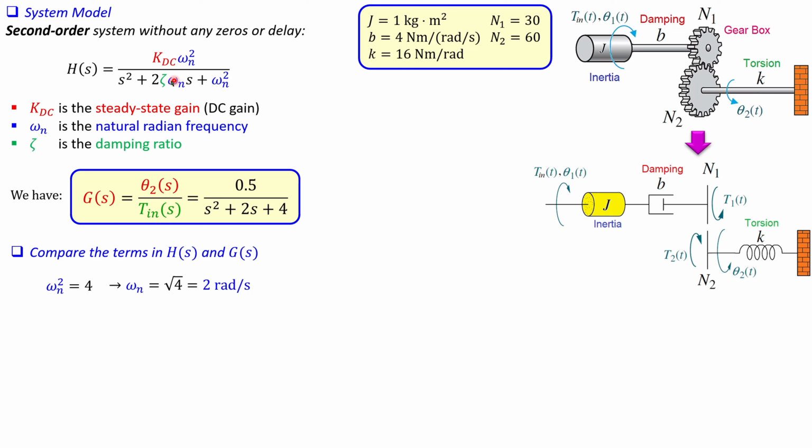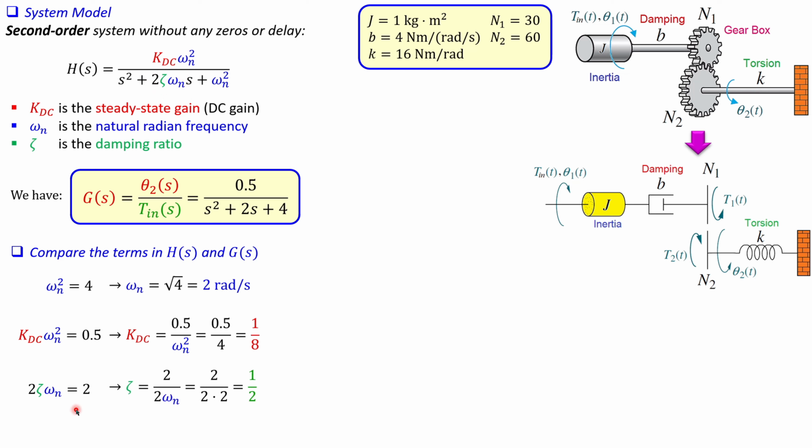Now the first one, KDC times omega n squared, is 0.5. That means KDC is 0.5 over omega n squared, which is 4, so 0.5 over 4 is 1 over 8, or 0.125. And the final one is 2 times zeta times omega n, which is the coefficient of the s, which is 2.